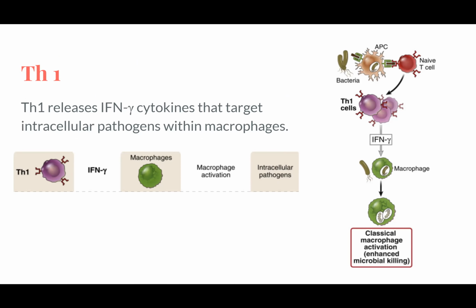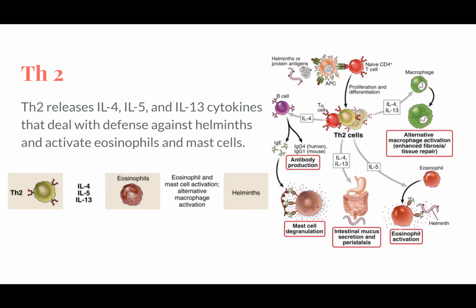Th1 releases interferon gamma cytokines that target intracellular pathogens within macrophages. Th2 will release interleukin-4, interleukin-5, and interleukin-13 cytokines that deal with defense against helminths, I believe that's how you pronounce that, and activate eosinophils and mast cells.